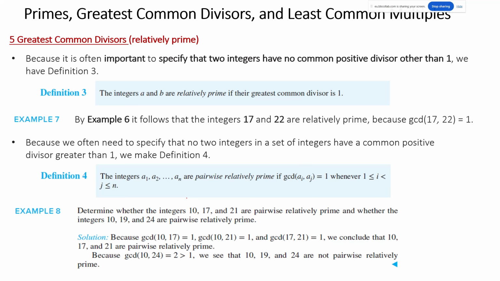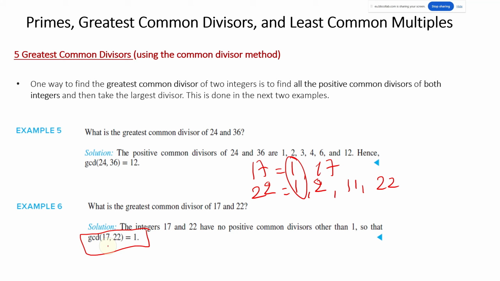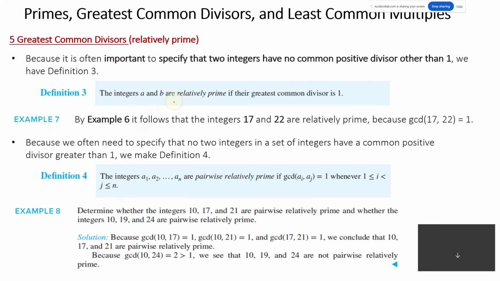The integers a and b are relatively prime if their greatest common divisor is 1. Okay, so this is just to mention something special about those. Once we find those, any two numbers where the greatest common divisor is equal to 1, they're going to call them relatively prime, which means the idea is that these two cannot be simplified.